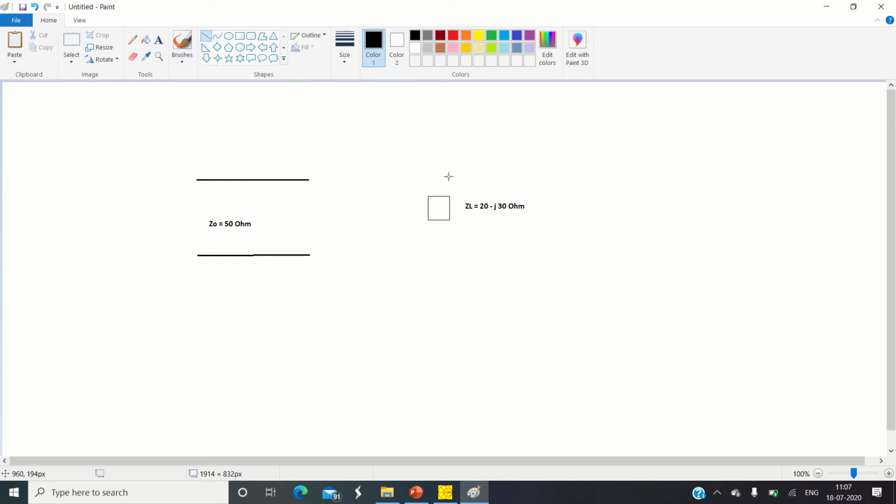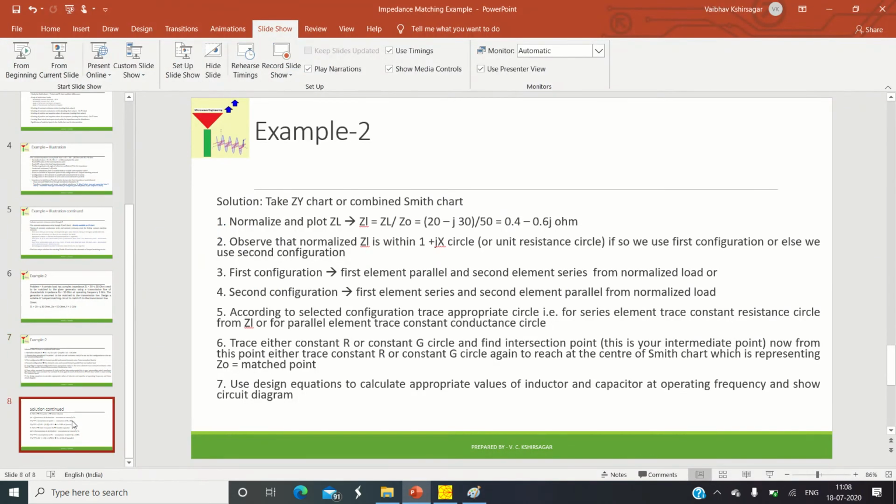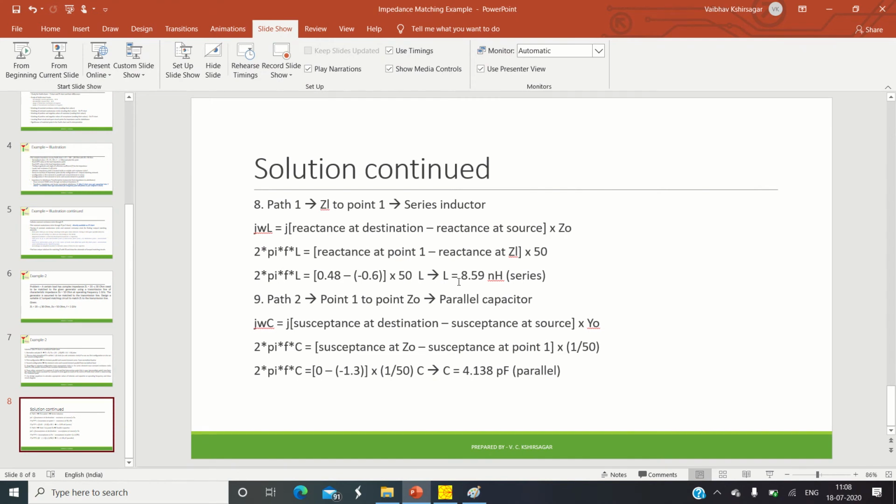So first of all, this is the connection of the load impedance and the transmission line in this way. The first element starting from the load is a series element, and we saw that the series element is the inductor.